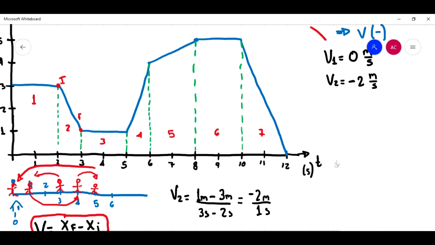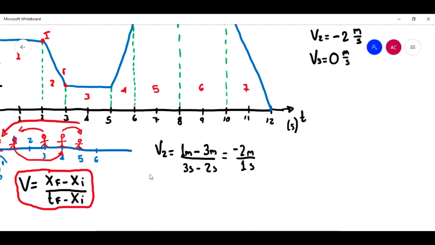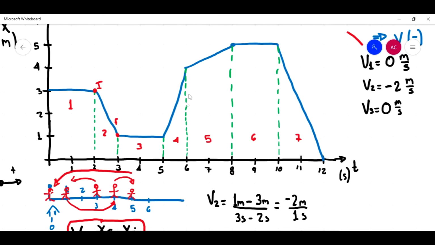So what about the velocity of segment number 3? Well, that's a horizontal line, so velocity equals 0 meters per second. Okay, let's find number 4. Velocity equals the final position of segment number 4, which is this point, final, and this one is initial.